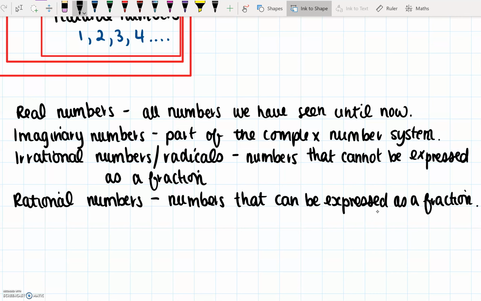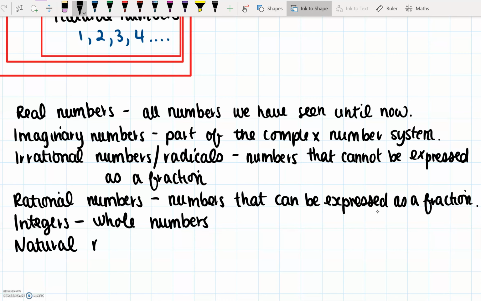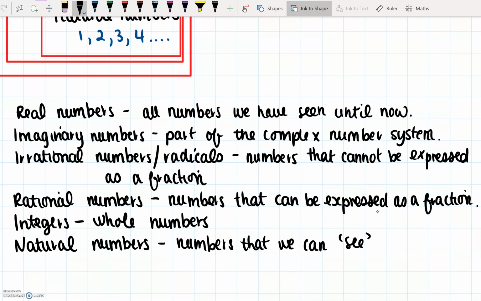After the rational numbers, we have our integers. You guys have seen integers before. These are just whole numbers. And then we have our natural numbers, which, the easy way of explaining it, are numbers that we can see and count.